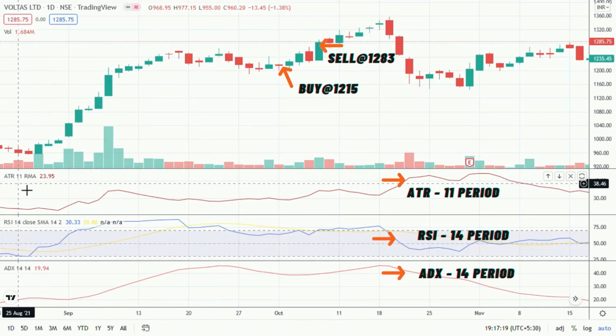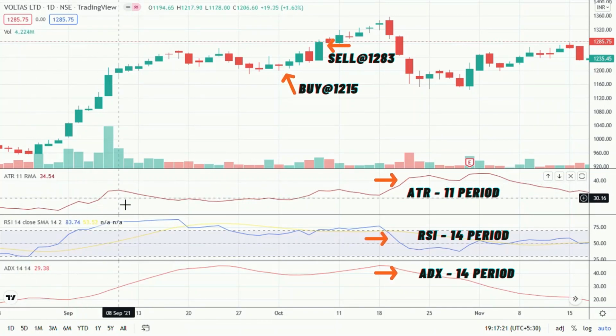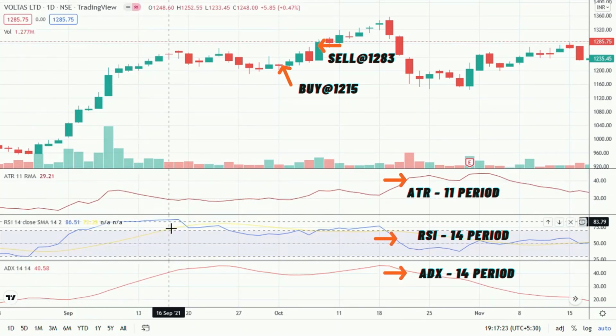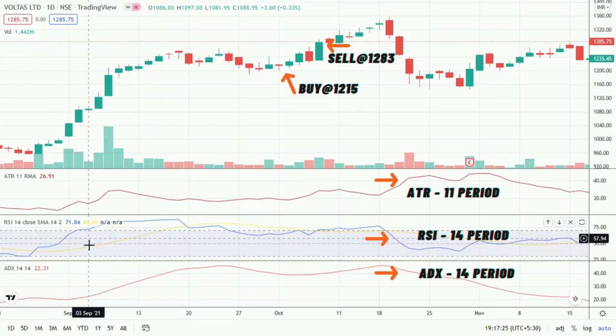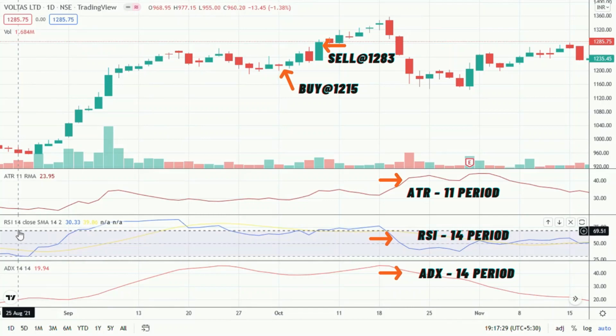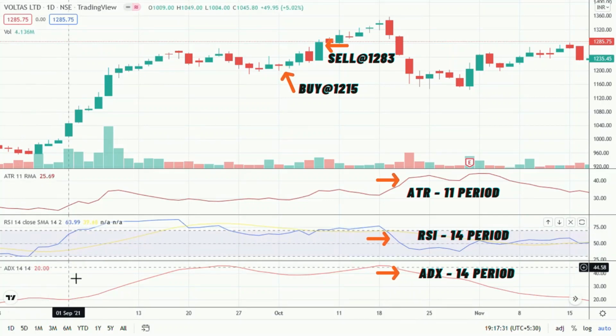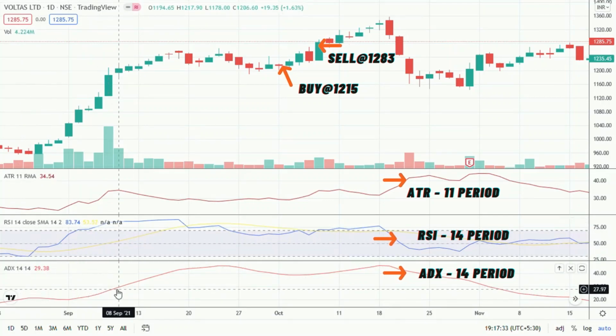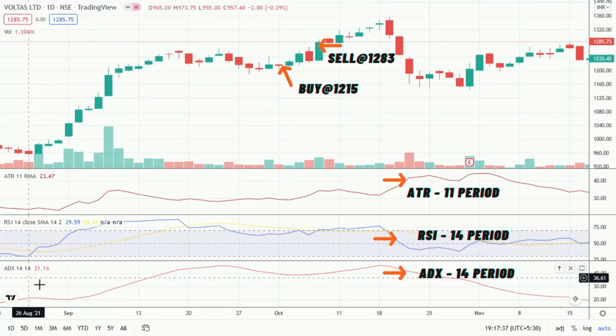And this is 11-period ATR. Right below that, the blue line is the RSI, value of which can be seen here in blue. And this is 14-period RSI line. And even below that is the average directional index, 14-period ADX, and its value can be seen here in red.